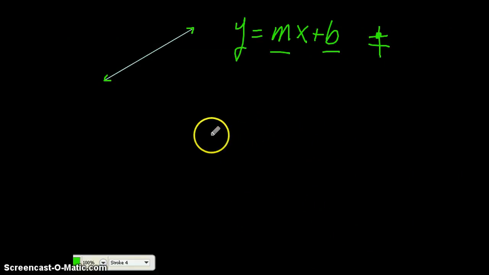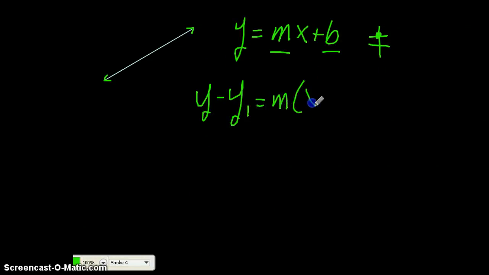Now there was another formula: y minus y1 is equal to the slope times x minus x1. This was called the point-slope formula. We use a point, x1, y1, and the slope, m, and we can write an equation given that information.